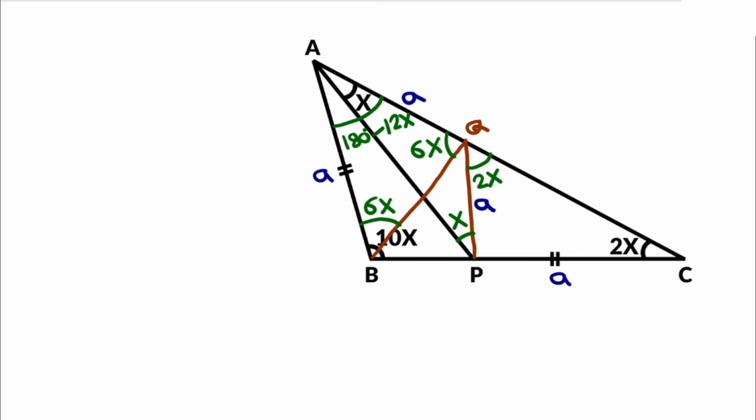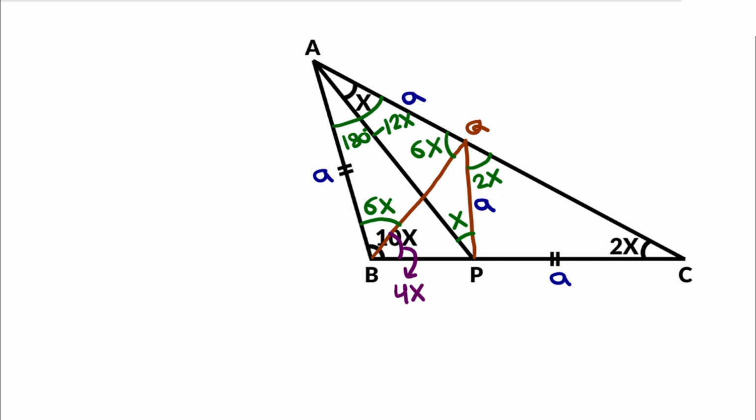That means the angle at B inside triangle ABQ is 6x. But the entire angle, PBA, is 10x. So the remaining angle between PB and QB must be 4x.